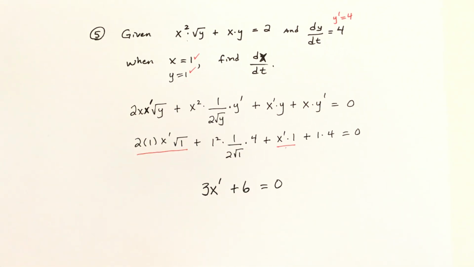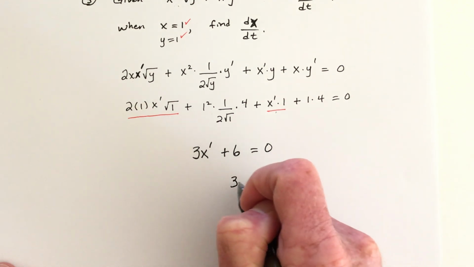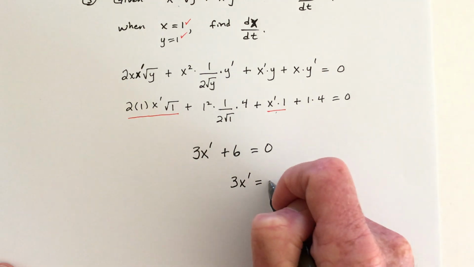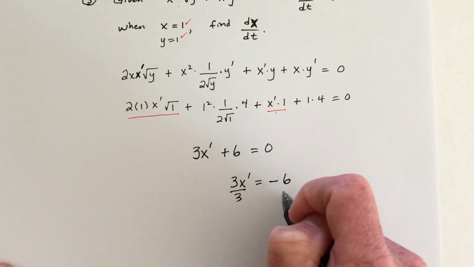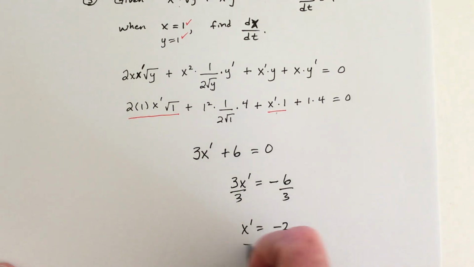And then it equals 0. The last thing to do is solve for x prime, so subtract 6 from both sides. We'll get 3x prime equals a negative 6, and then divide both sides by 3, and so x prime equals a negative 2.